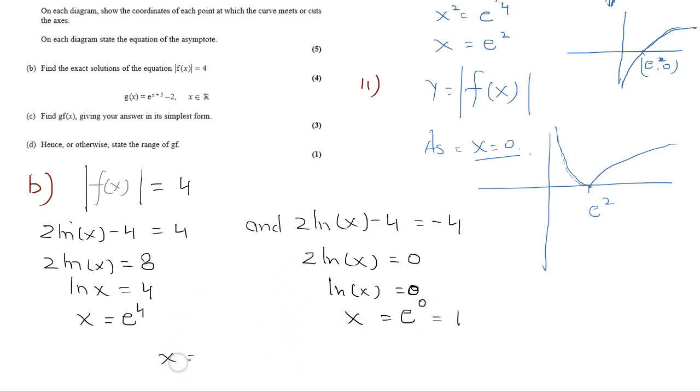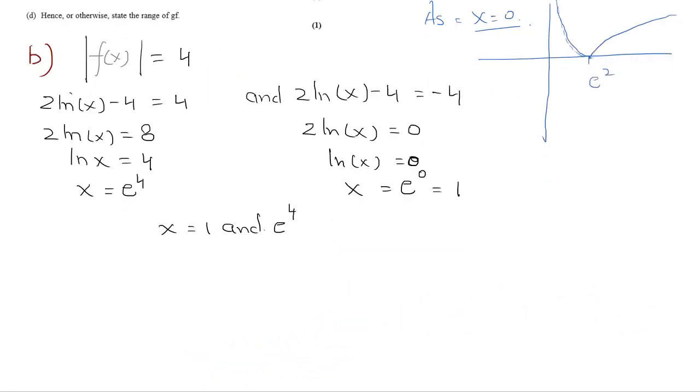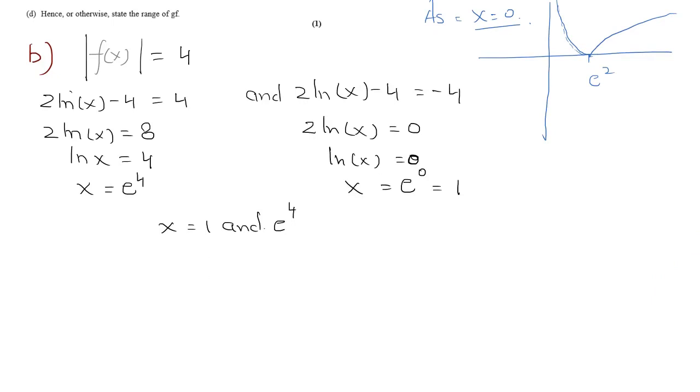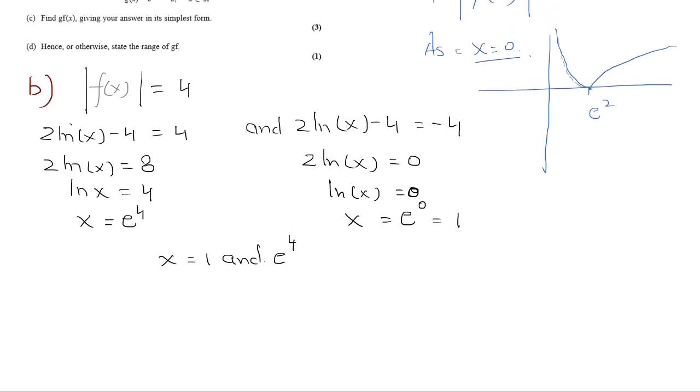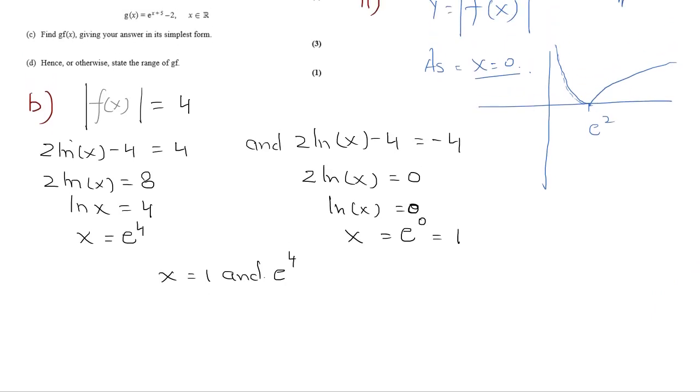So x is equal to 1 and x is equal to e to the power 4. So this is the solution for this one. This is part B.